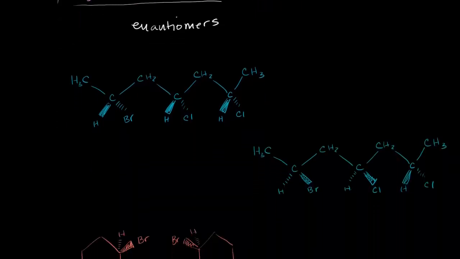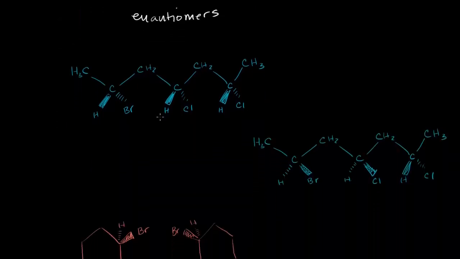Now, what is this one over here in blue? Just like the last one, it looks like it's made up of the same things. You have these carbons and hydrogens up there. Same thing over there. You have a hydrogen and a bromine, hydrogen and a chlorine, hydrogen, chlorine. So it's made up of the same things. They're connected in the same way. So they're definitely stereoisomers.